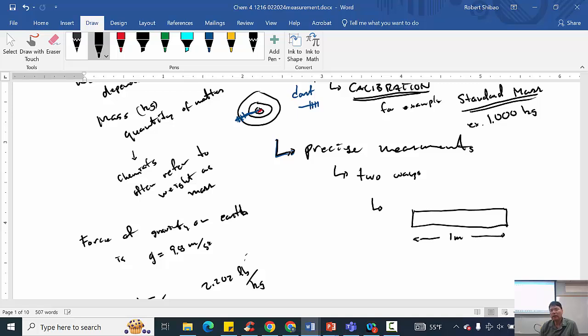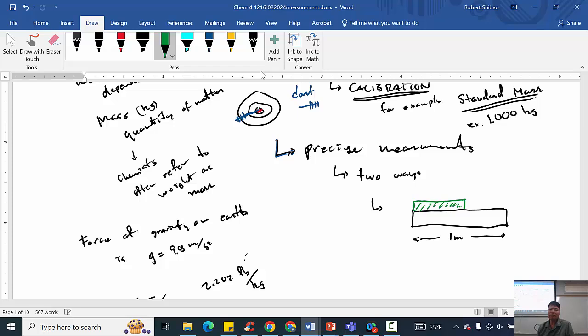If I had a meter stick with no markings, it's just 1 meter, and then I measured an object. Let's say I measured this object's length here. I wouldn't necessarily call this very precise because I can't narrow the range.